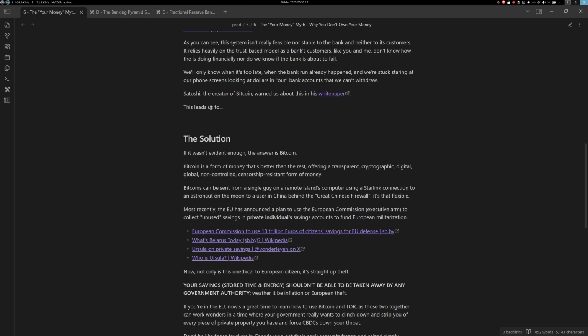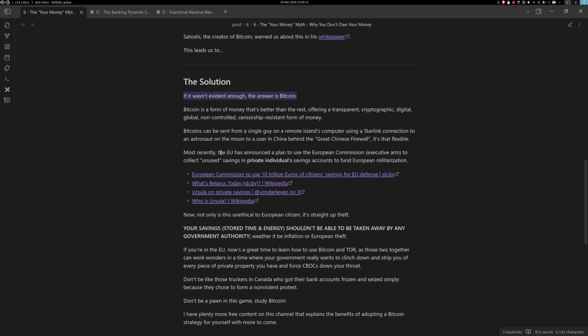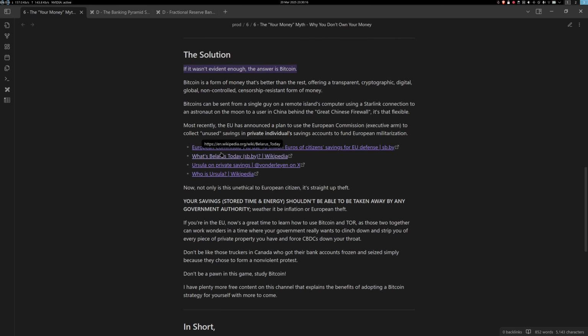Now this leads us to the solution. If the solution wasn't evident enough, the answer is Bitcoin. Bitcoin is a form of money that's better than the rest, offering transparency in a cryptographic, digital, global, non-controlled, censorship-resistant manner. Bitcoins can be sent from a single guy on a remote island's computer using a Starlink connection, which, if you don't know what that is, is like Elon Musk's satellite.